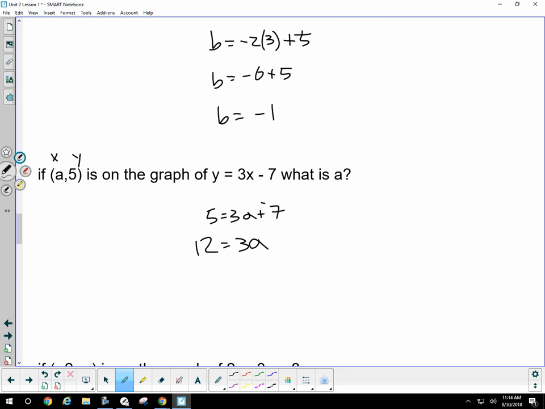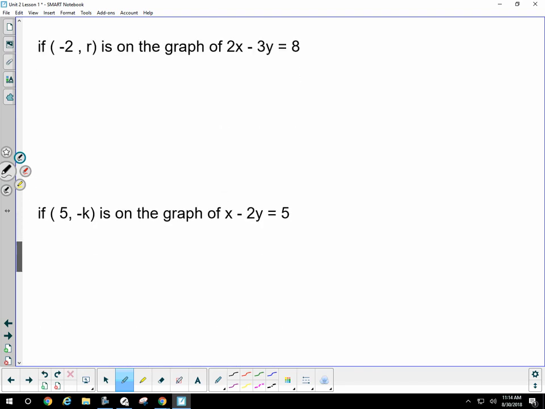You now know that I would divide both sides by 3 to get 4 is equal to A. Don't have to show all the work to get there. Okay? You guys do the next 2, if you haven't done so already.